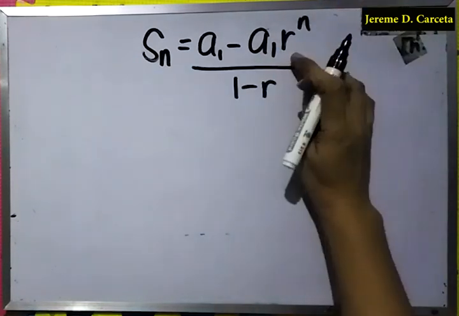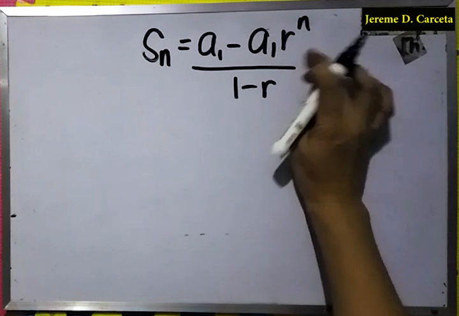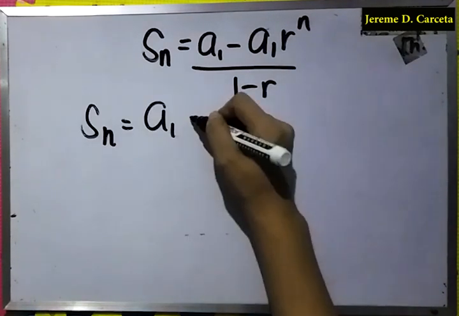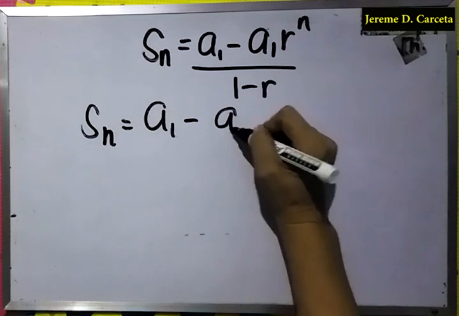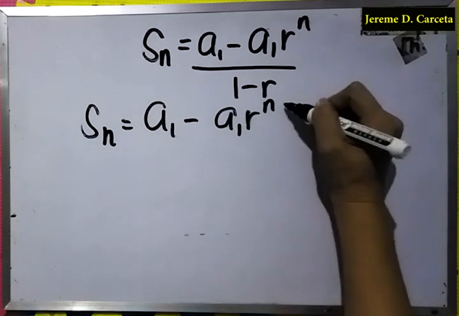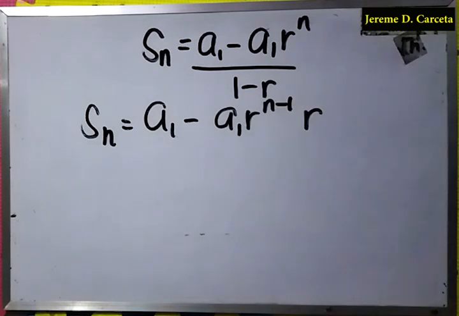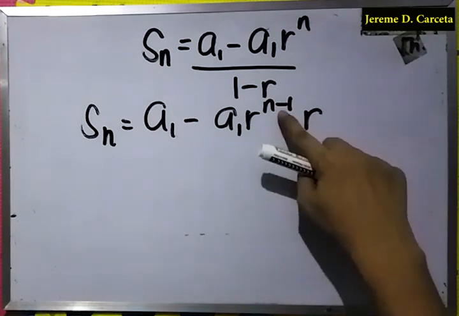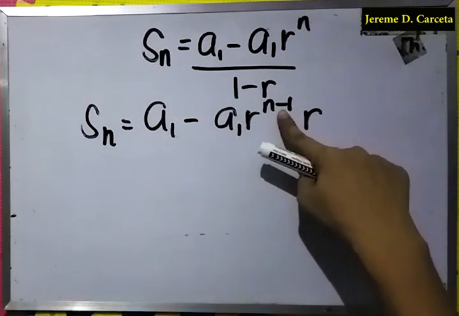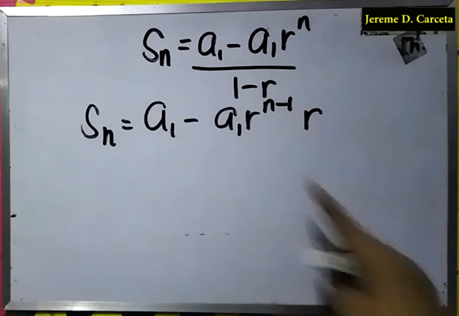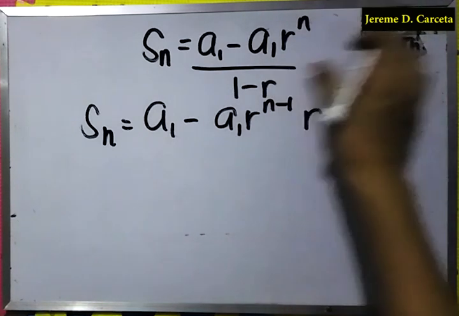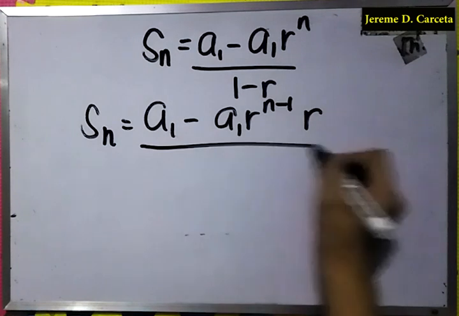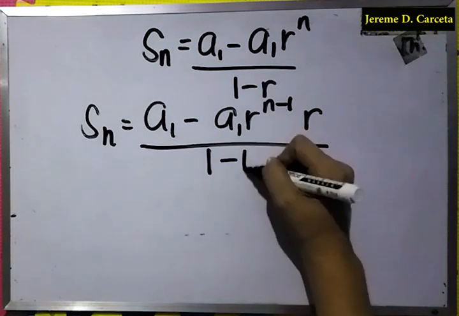Then we can expand a sub 1 times r raised to n into a sub 1 times r raised to n minus 1 times r. So in this case, in the exponent, we have here minus 1, negative 1 and 1, that will be cancelled. That's why it will still be equal to a sub 1 times r raised to n over 1 minus r.